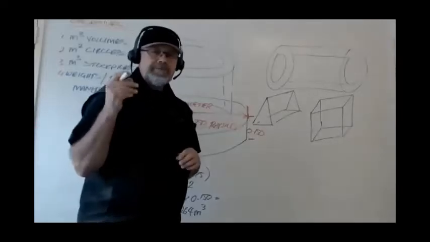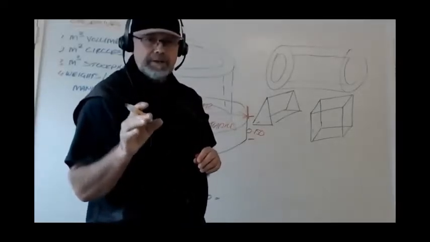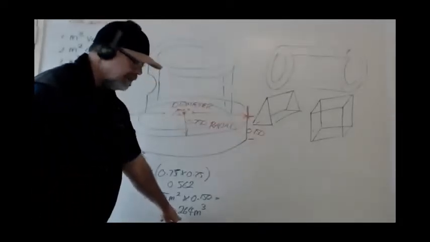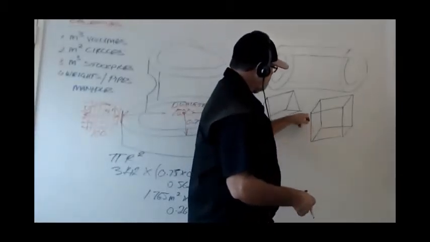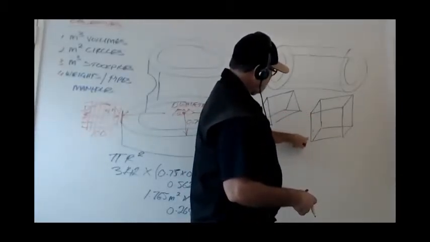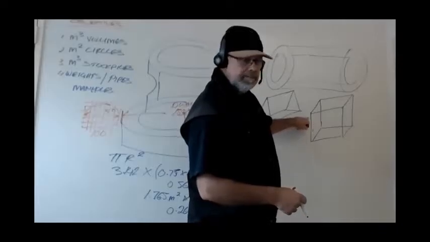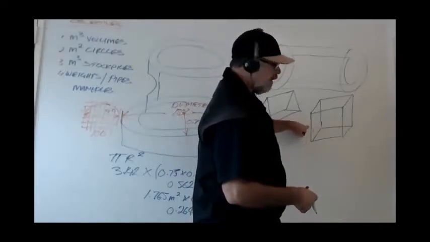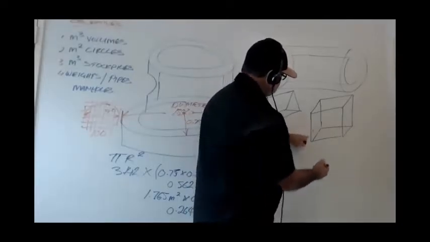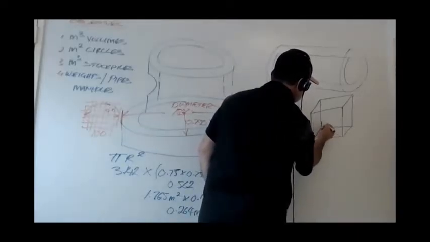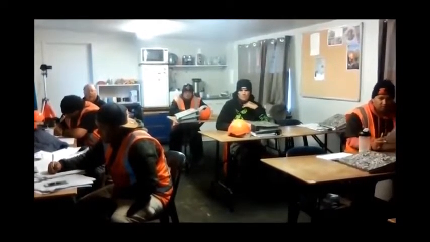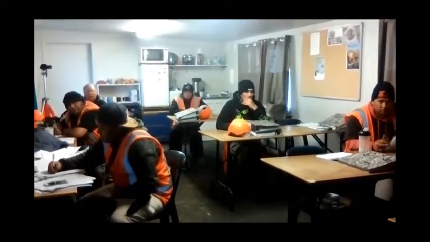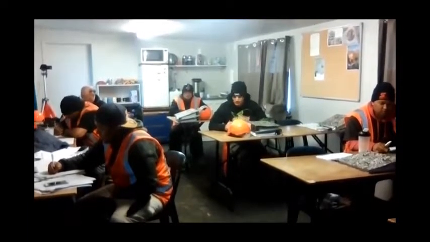Now what I want to do is give you a visualization of what 0.264 of a cubic meter is, okay? With this cube over here, it's 100% from the bottom to the top. 0.5 will be halfway, and 0.2 is round about here.